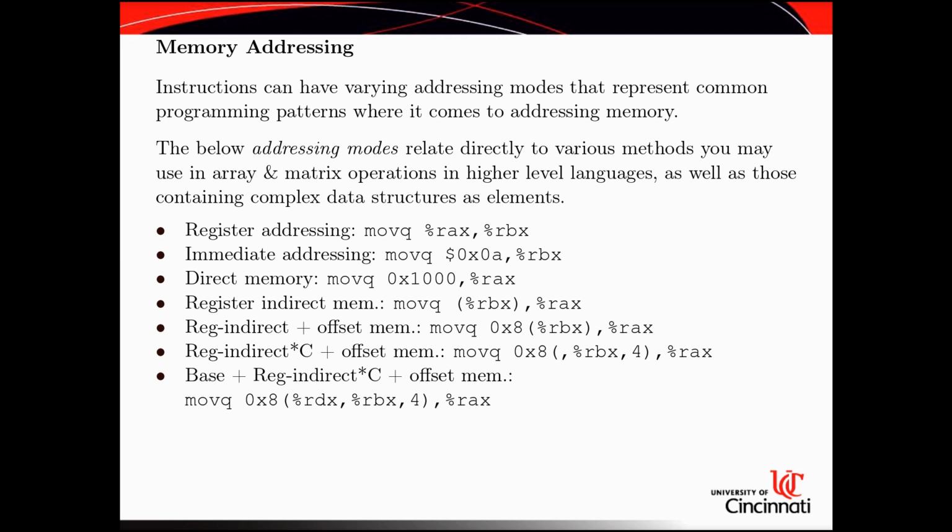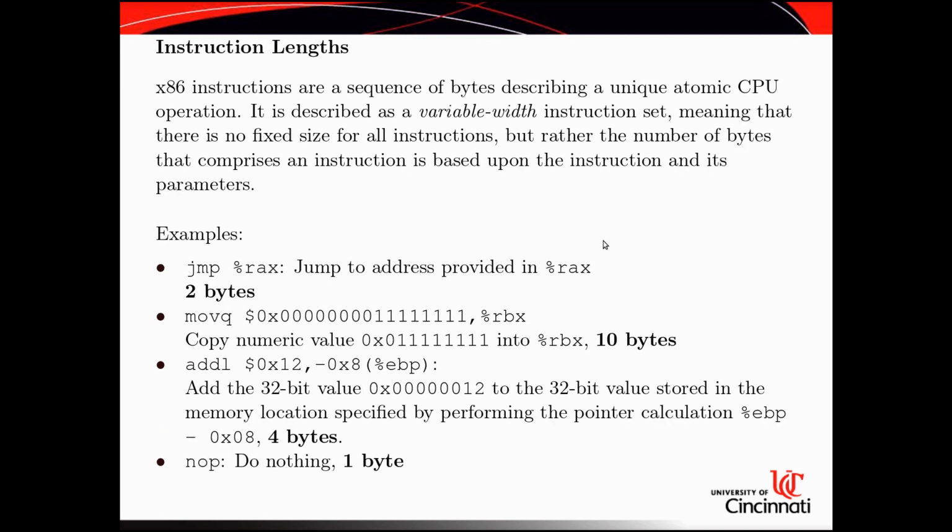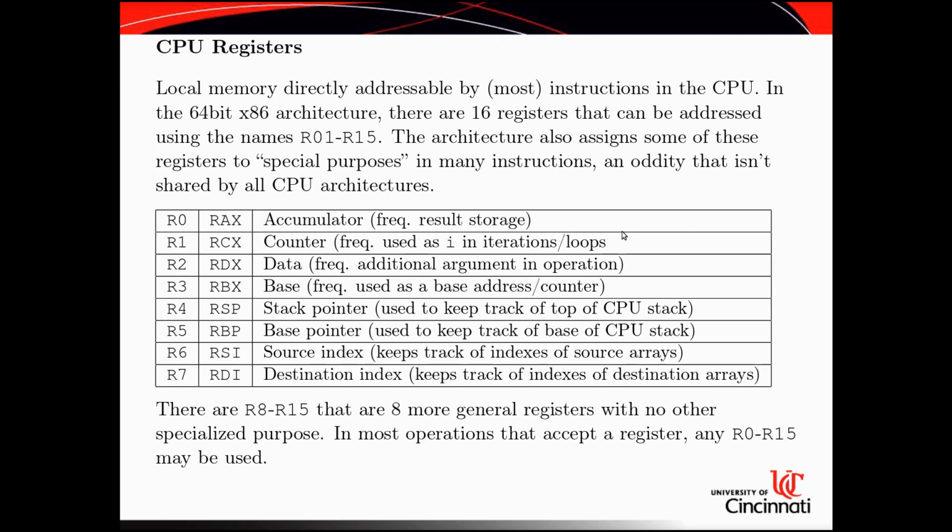So below I list the addressing modes that are available for the instructions. So these influence this right here, and then these things over here. So what arguments are provided.